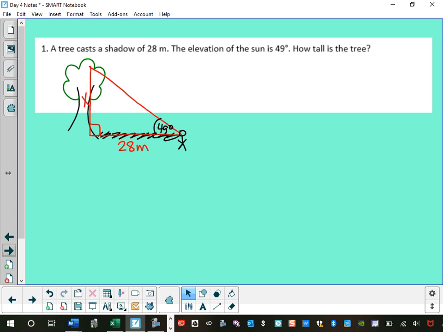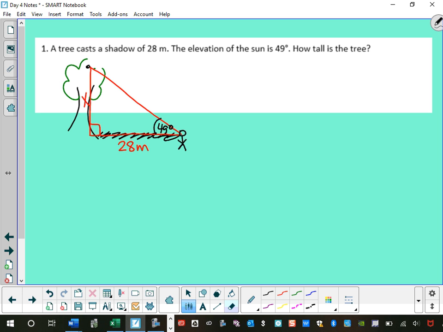It would not be up here because let's pretend you're standing up here. If you were standing here and looking across, the angle of elevation would be up there, right? Because it needs to be above. That doesn't even make sense. We're not even pretending part of the triangle. So this is my triangle.